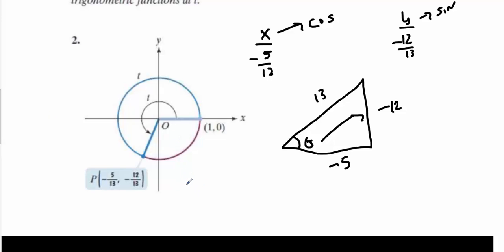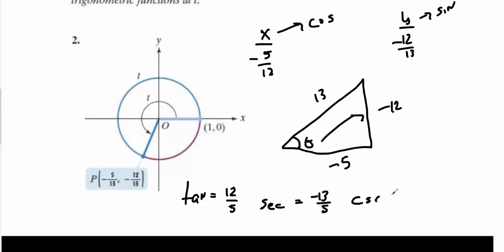If I wanted to find tangent, that would be easy. We just know it's y over x, so this would be 12 over 5. If I wanted to find secant, we know secant is just the inverse of cosine, or hypotenuse over adjacent, so this would be -13 over 5.